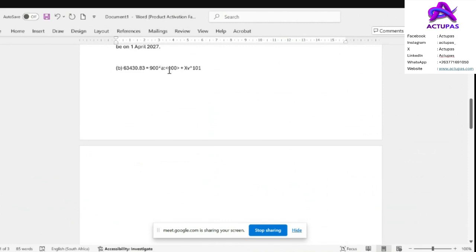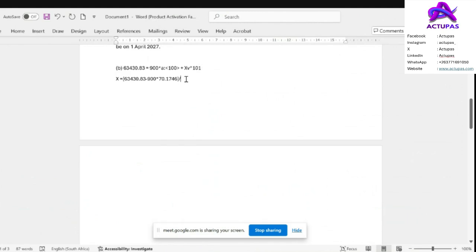So make X the subject of the formula. This would be X is equal to 63,430.83 minus this part here, minus 900 times a_100 from your tables, it's 70.1746, divided by v to the power 101.